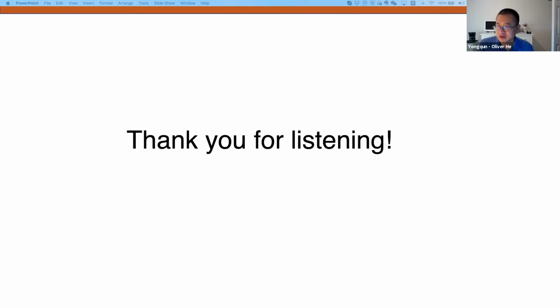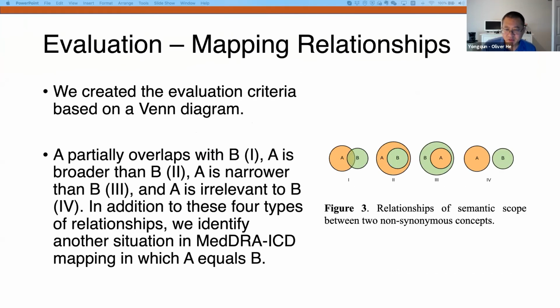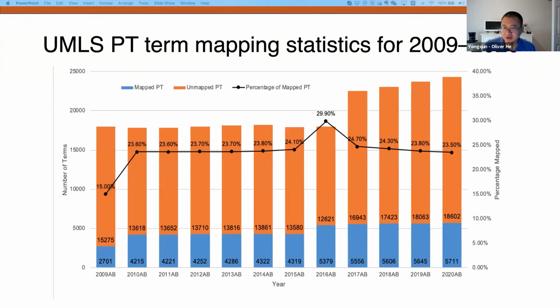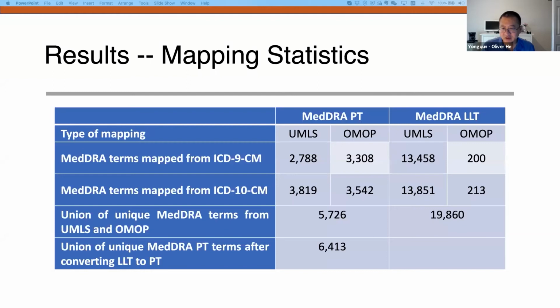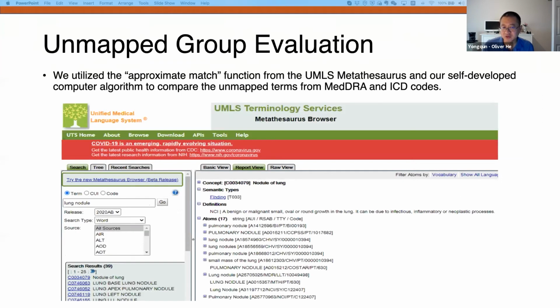Okay, so that's a wonderful talk. One question I have is related to the mapping percentage. As we can see, the mapping is in general not that high, seldom over 50%. So I'm wondering if it's somehow associated with the nature of these two systems.